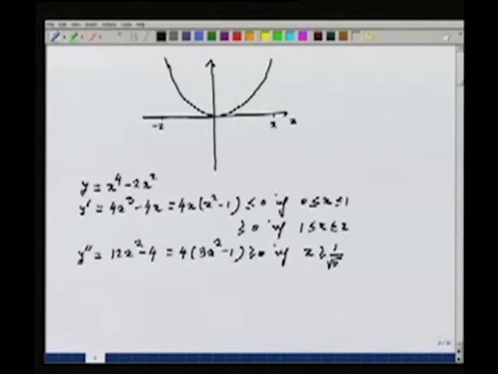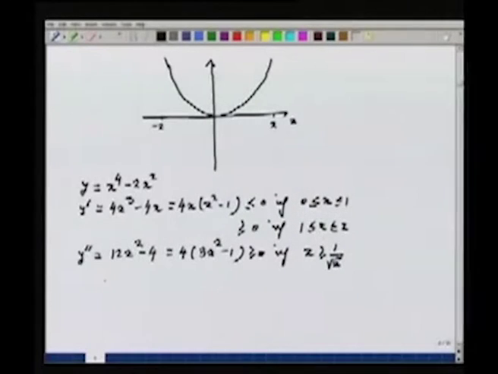Notice I am just concentrating on the right hand side, that is positive x, because it is symmetric about the y-axis, so the negative side of the x-axis I can take care of from the positive side. Now this information implies that the curve y is convex if x is bigger than or equal to 1 by root 3.